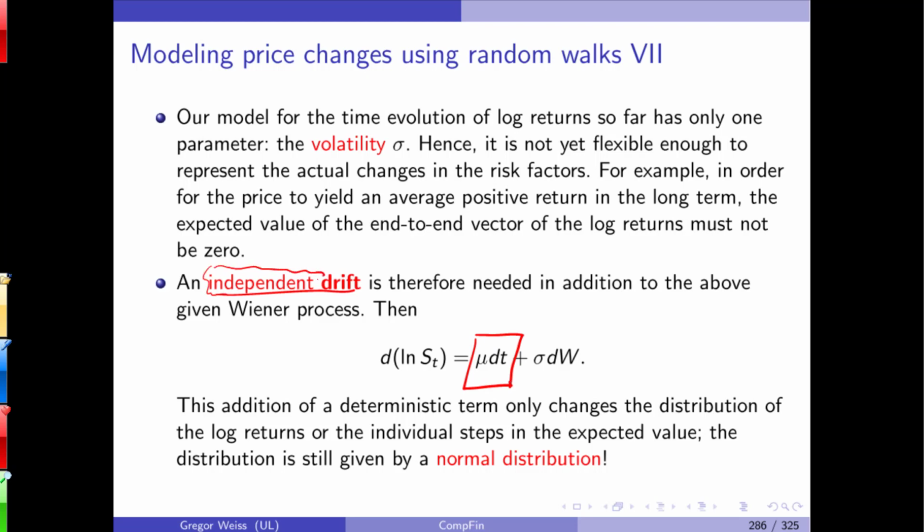Actually, independent is not fully correct. Obviously, it's independent, but it's also deterministic. dt and mu, they are deterministic. It doesn't change the distribution away from a normal distribution. It only changes, obviously, the expectation.